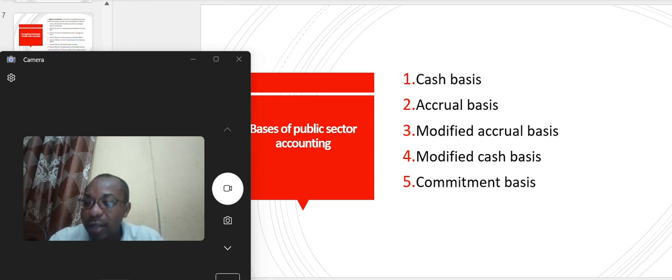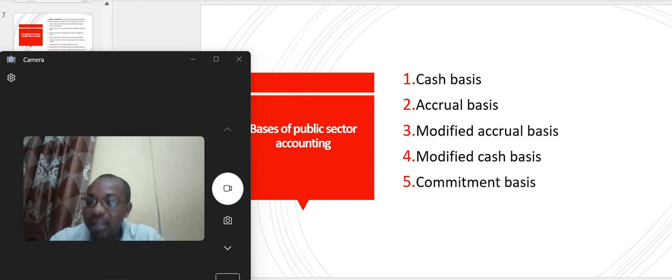Now, some of those transactions that were done in 2019, whose cash has not been received or payment has not been made, will now be settled in January, February, and March. By 31st March, you close the records, but you close them using the date of 31st December 2019.